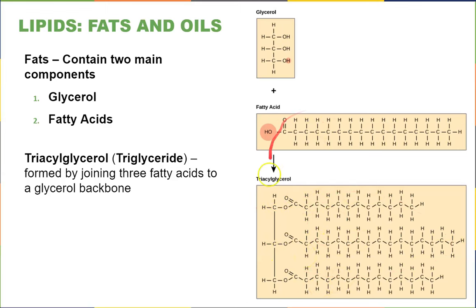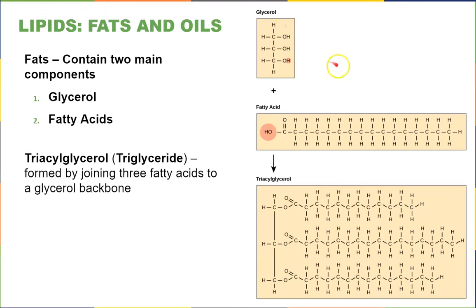They are made up of a glycerol, which is here, and then fatty acid tails, which run that way. This is called a triglyceride, and it is a triglyceride because there are 3 fatty acid tails and that glycerol head. This glycerol is technically an alcohol because it has a lot of those OHs.